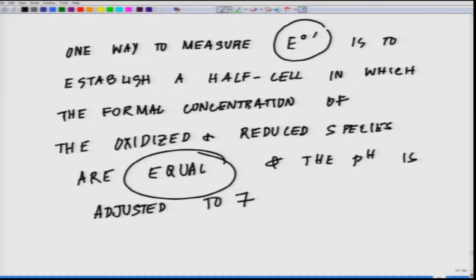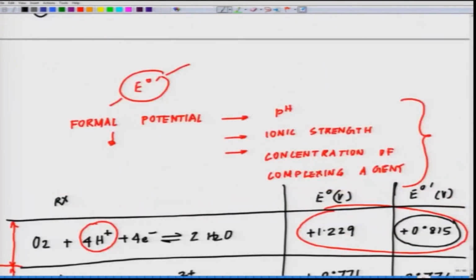So, keep that in mind, and there is another aspect which I have not dealt with as of now and I will be dealing with later, which is the concentration of the complexing agent. This part is very critical. We will come later with the monoprotic system, diprotic system.